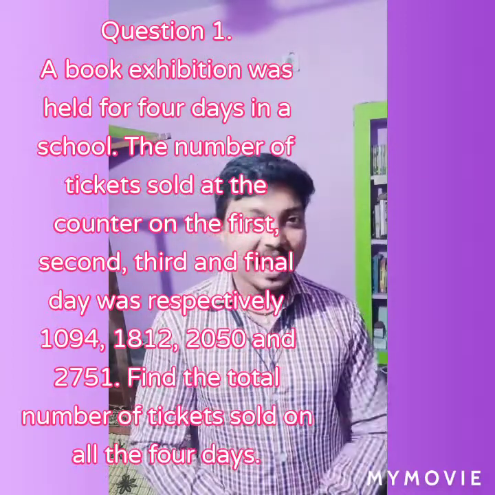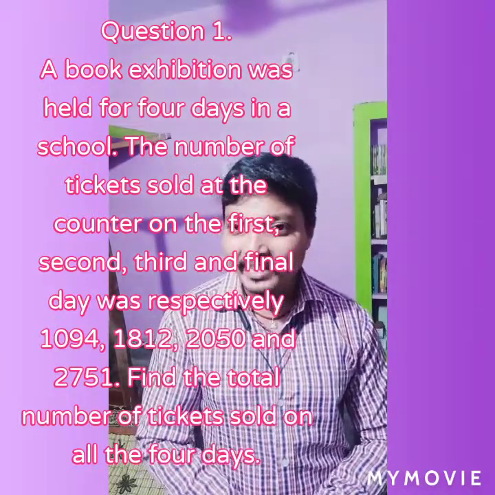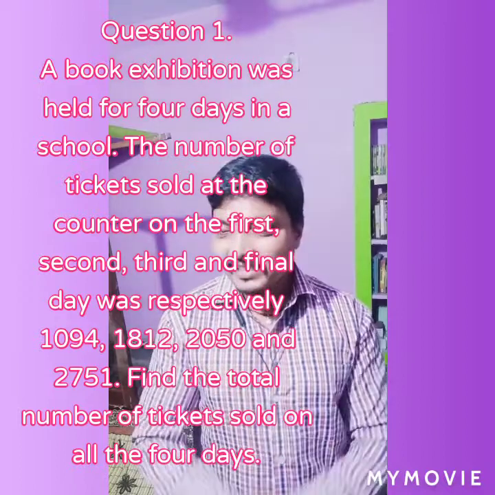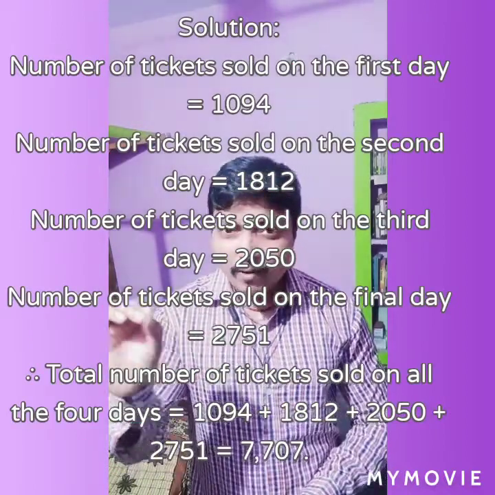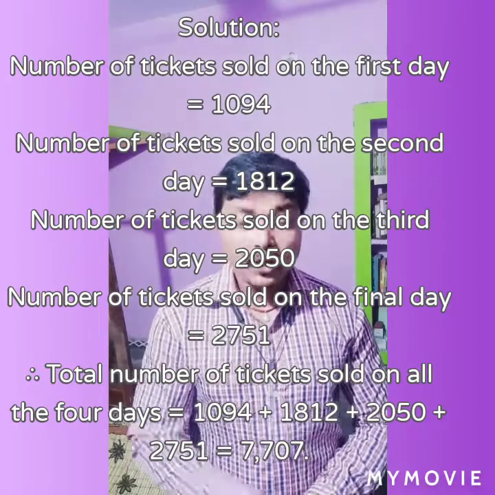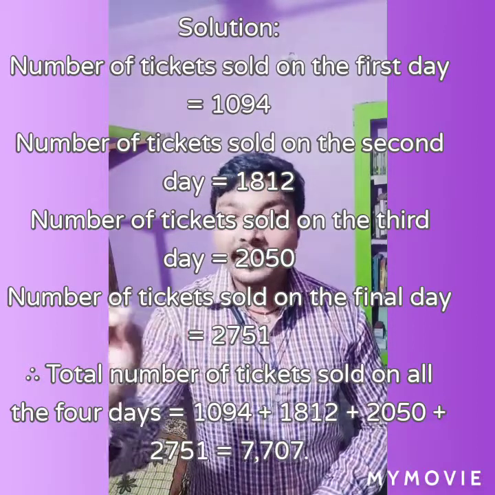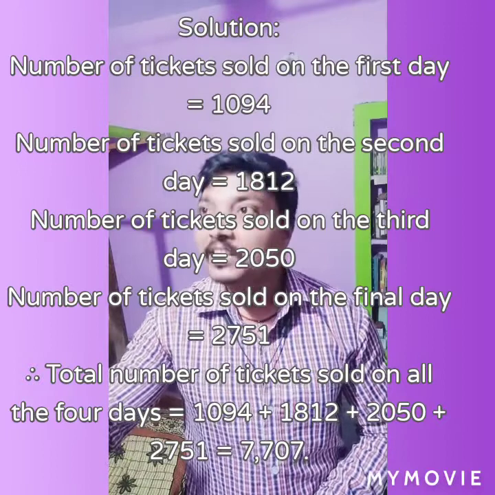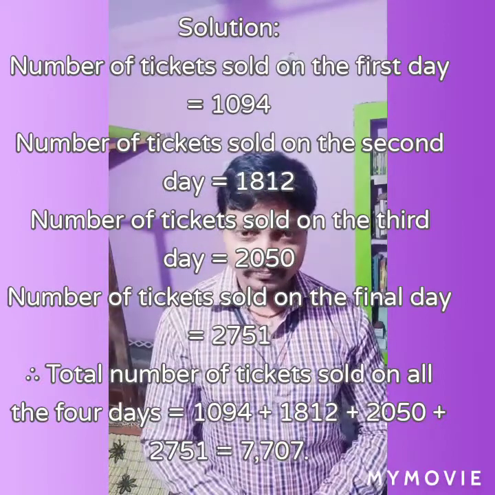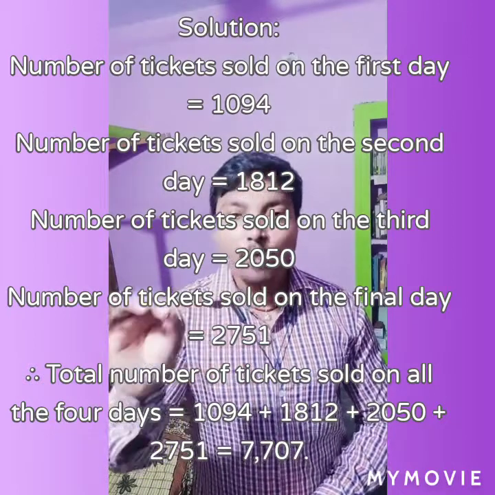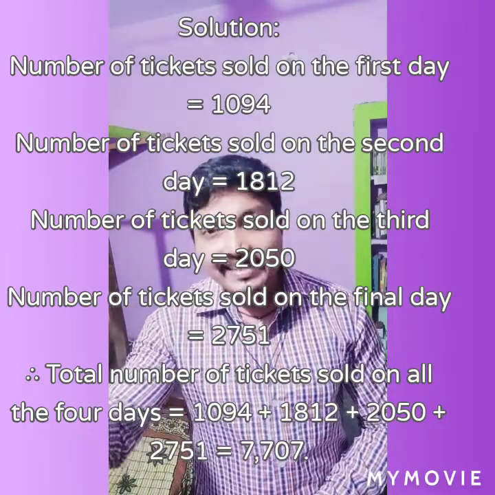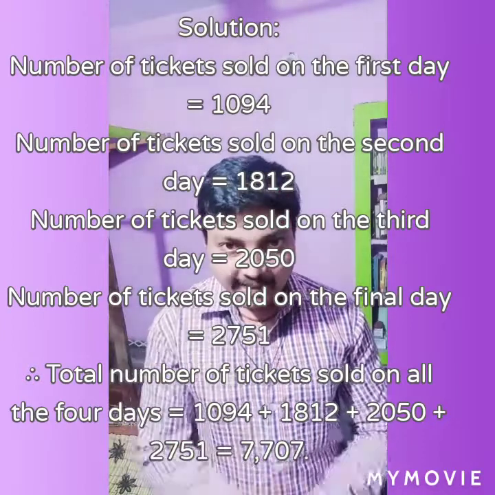I am suggesting how to write your answer. It is just like this: a book exhibition was held for 4 days. Number of tickets sold on the first day is equal to 1094. Number of tickets sold on the second day is equal to 1812.